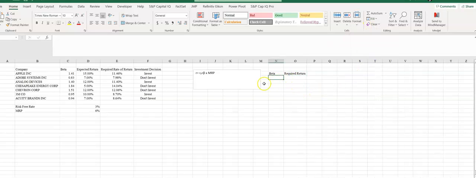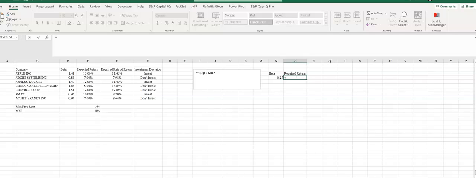So we are going to use a hypothetical set of betas. Let's start with 0.25. And when the beta is 0.25, by using the risk-free rate of 3% and market risk premium of 6%, we can calculate the corresponding required rate of return.